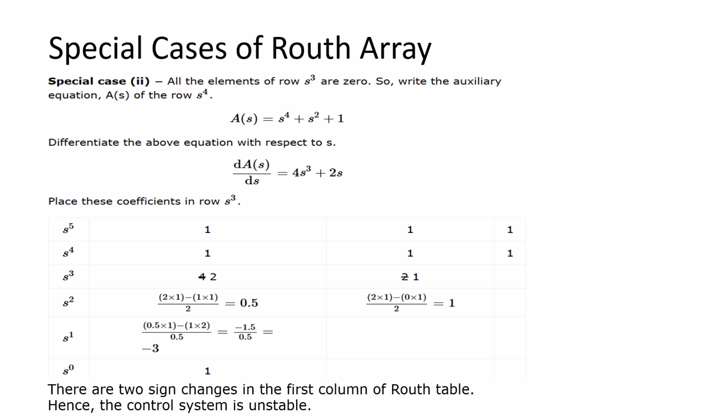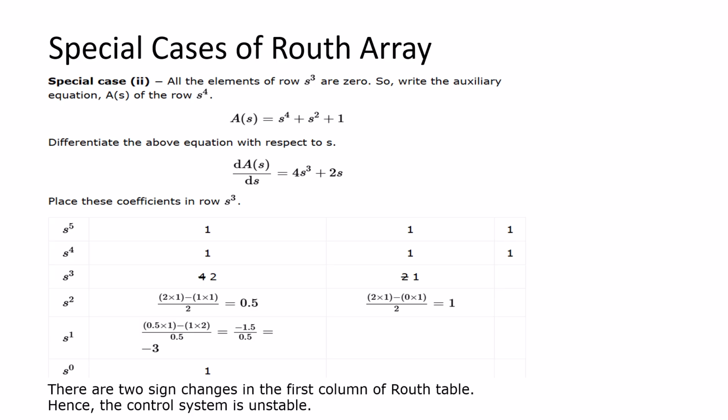Now we have the elements of this row, so you can proceed with completion of the array. Again we complete the array: 2 into 1 minus 1 into 1 by 2 gives 0.5, and for the next, 2 into 1 minus 0 into 1 by 2 is 1.